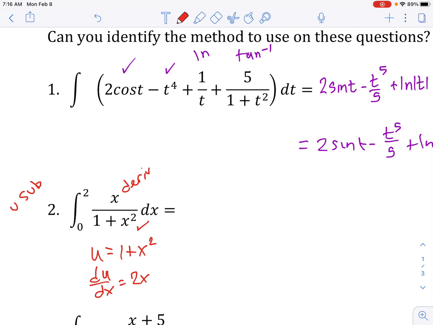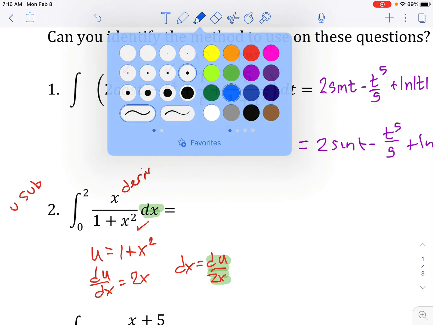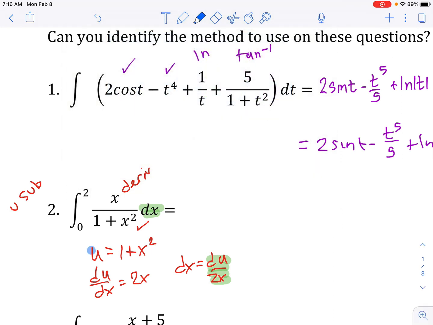And when we solve that for dx, we get dx equals du over 2x. So when we do those substitutions, we're going to put in this substitution here, and we're going to put in this substitution here, that x is going to stay where it is.